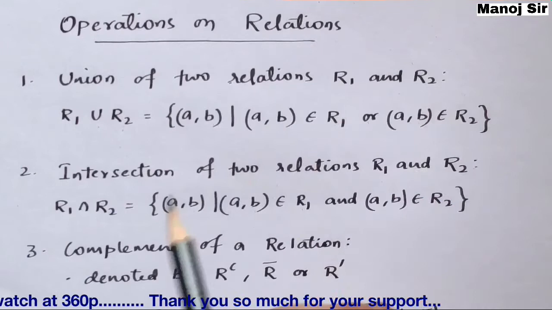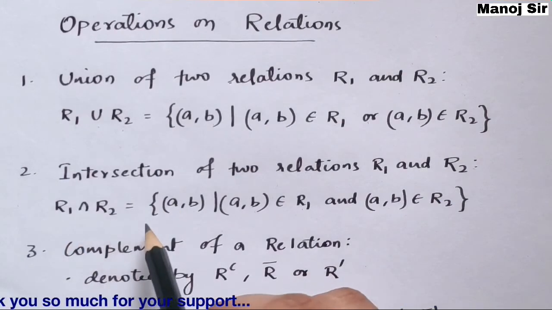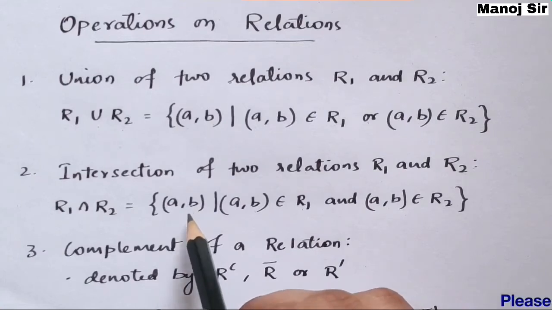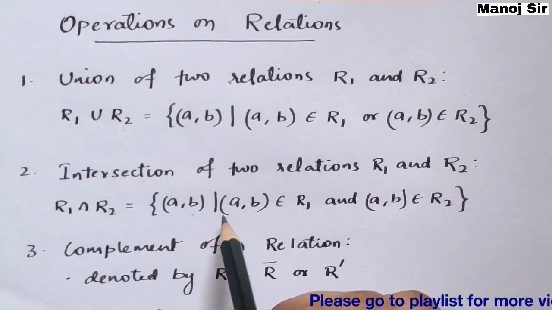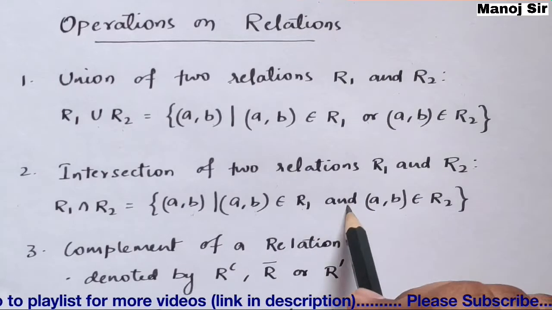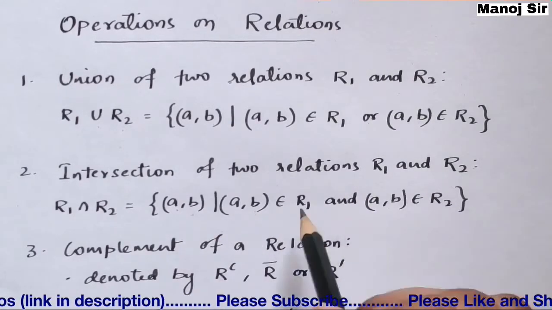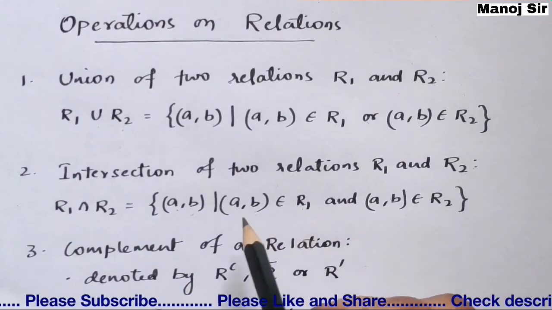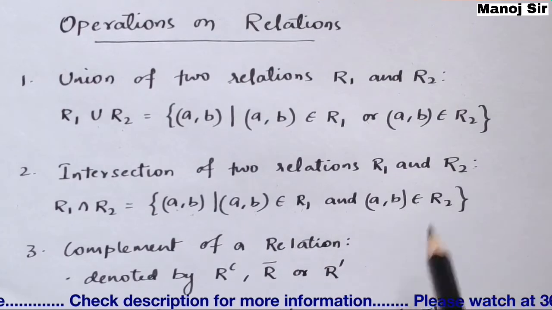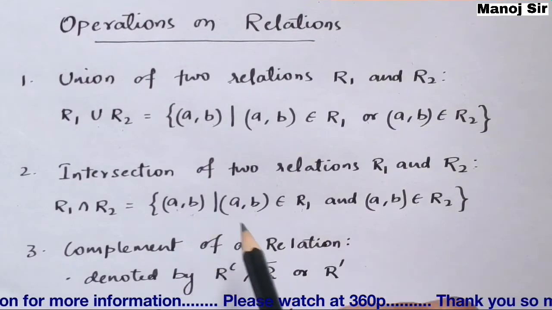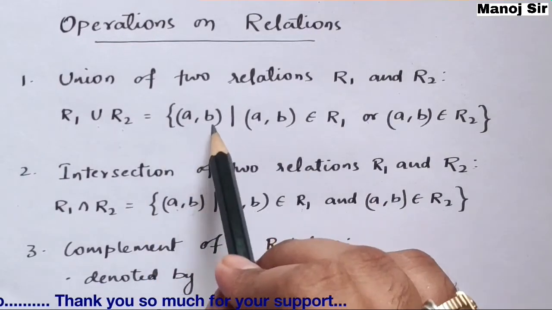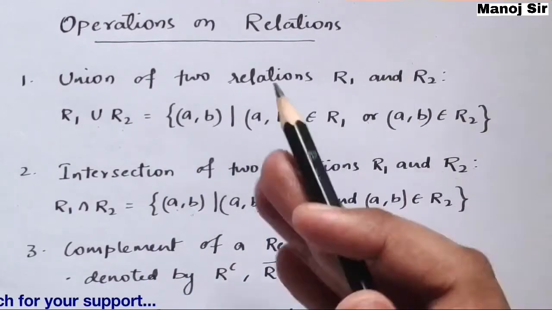R1 intersection R2 is equal to (A, B), again an ordered pair, such that (A, B) belongs to R1 and (A, B) belongs to R2. It means this has to be present in both the relations, R1 and R2. Here (A, B) must belong to R1 as well as R2, but in the case of union, it may belong to R1 or R2.